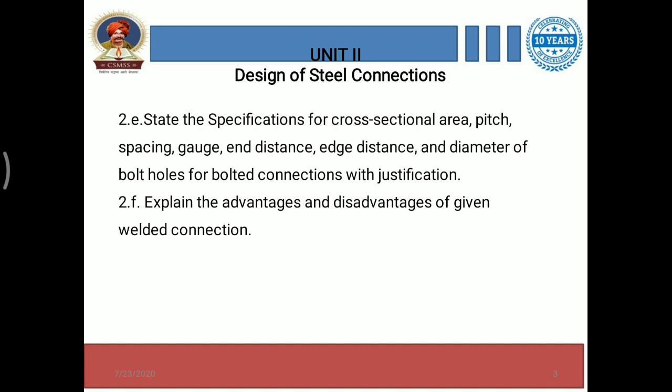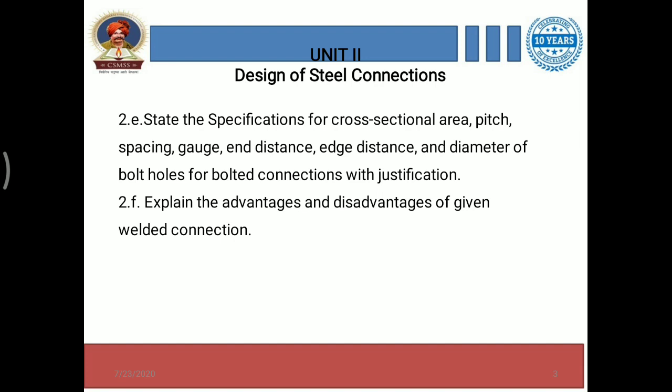You might know about these things, as you have seen many practical examples of steel connections.